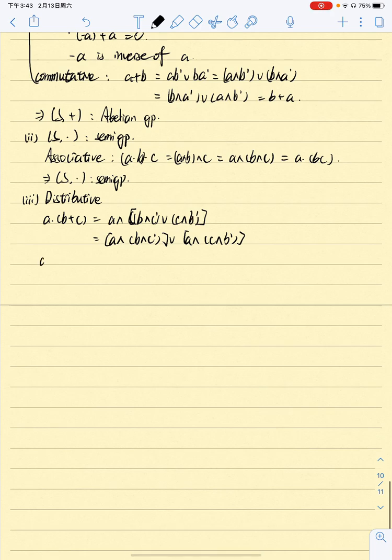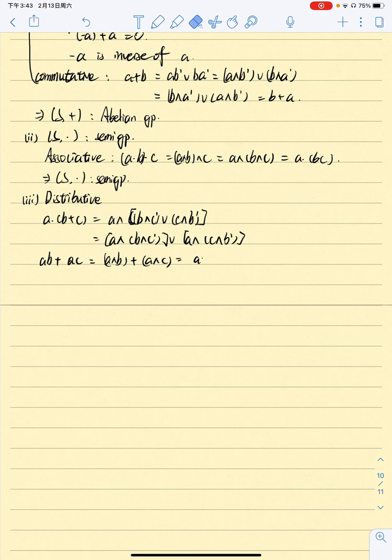Okay, and on the other side we see AB plus AC. Oh, sorry. Okay, this is A and B plus A and C. This is more complicated.